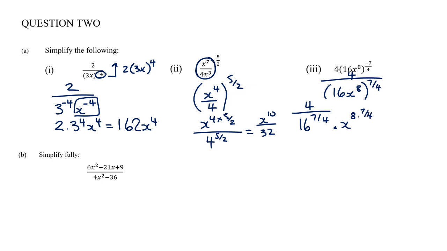Okay? So on your calculator, 4 over 16 to the power of 7 over 4 gives you 1 over 32. 8 times 7 over 4 gives you 14. So that answer there is 1 over 32 x to the power of 14.